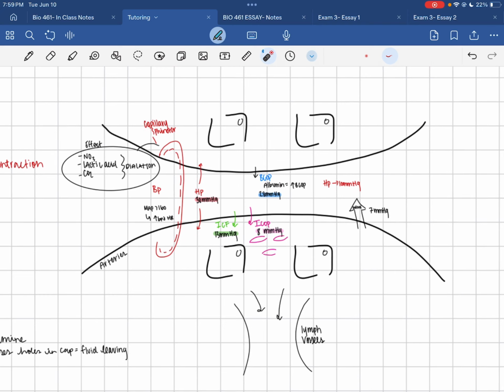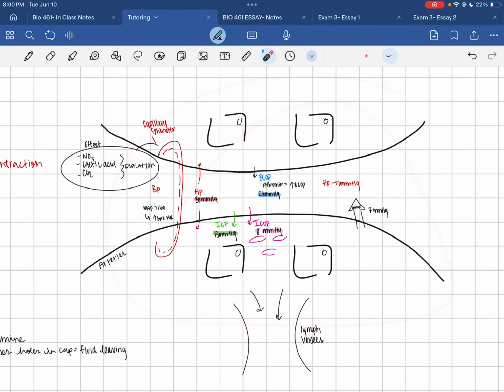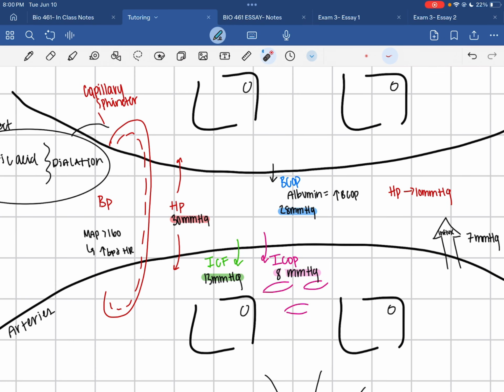And then you have your hydrostatic pressure, which I don't think I said anything about. Yeah, I did. Okay. So some problems that could occur within this whole exchange would be edema, which is an abnormal accumulation of fluid in the interstitium. So we have our hydrostatic edema, which is a type of edema caused by an increase in hydrostatic pressure.